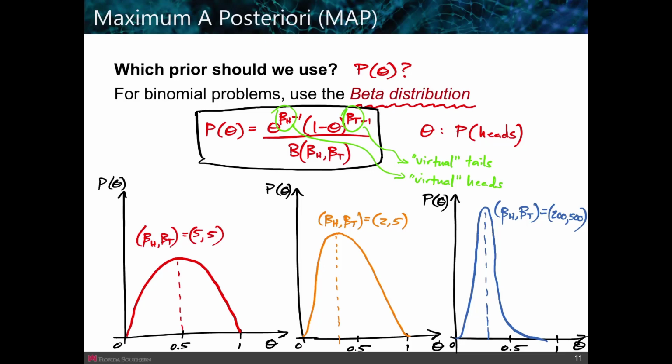And then you can see as we increase the number of virtual counts, even if I kept that same ratio, in the blue, that curve has now become a lot more narrow. So the more data we have in this beta distribution, essentially the more certain we are that the true probability should be, in this case, somewhere less than 0.5. So that's just to demonstrate the distribution that we often will assume.